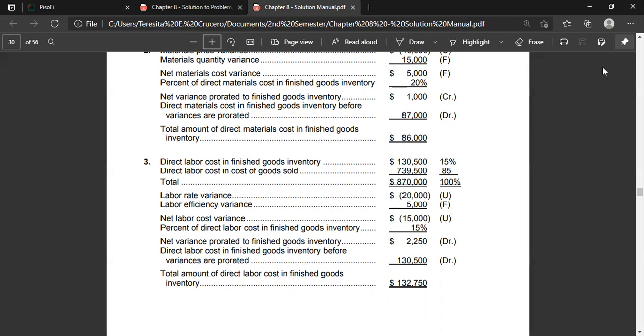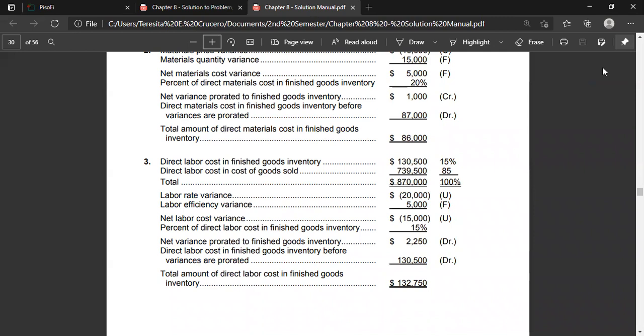So direct labor cost in cost of goods sold equal to 739,500 is given, and we now assign a percentage of 85%. So we have the total of 870,000 for 100%.